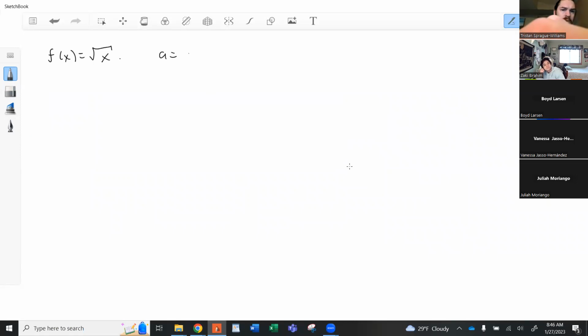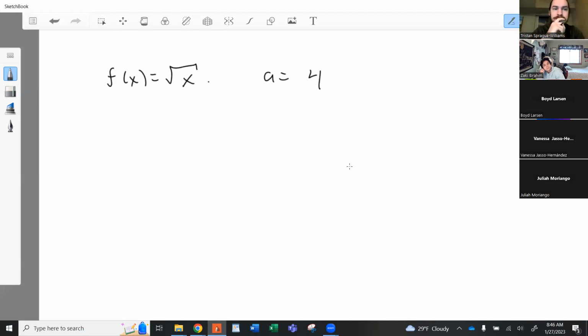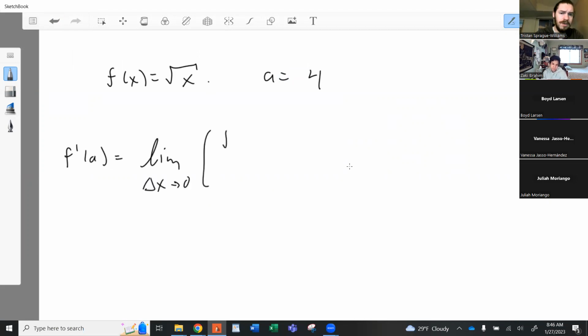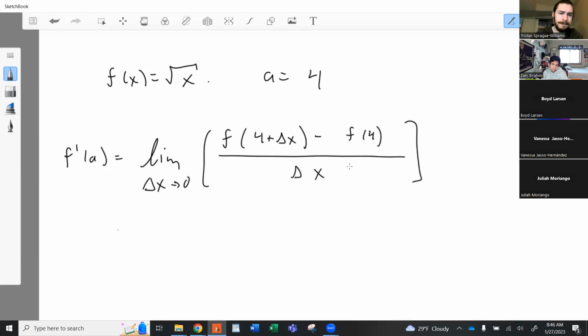And let's take a equals 4. So we have something that's a perfect square. Well, then for f prime of a, our derivative, we would be doing the limit as delta x approaches 0 of f of 4 plus delta x minus f of 4 all over delta x, like that.